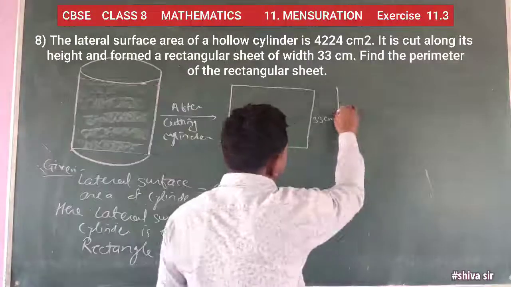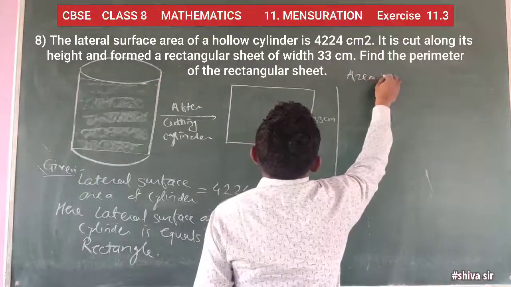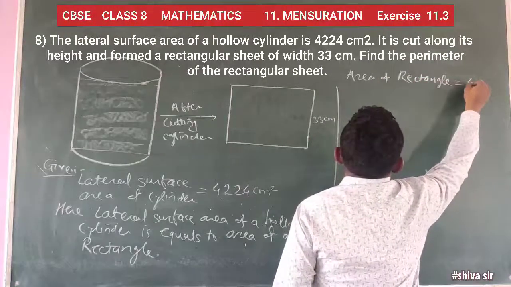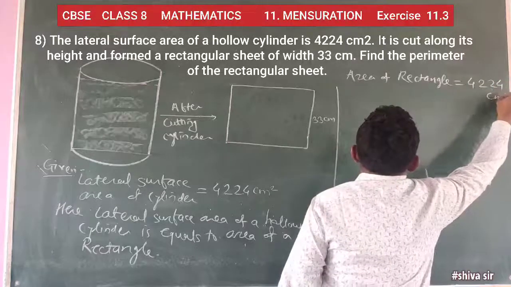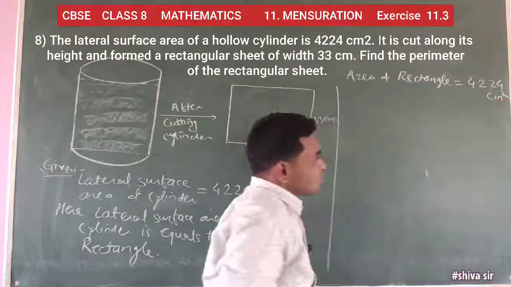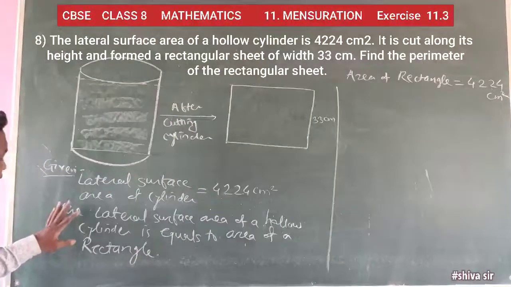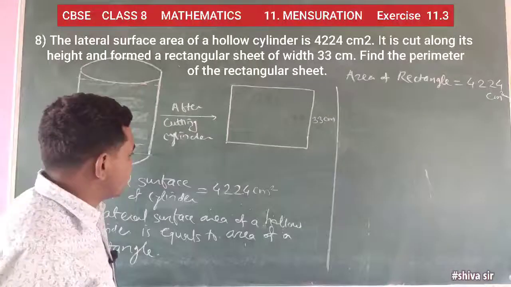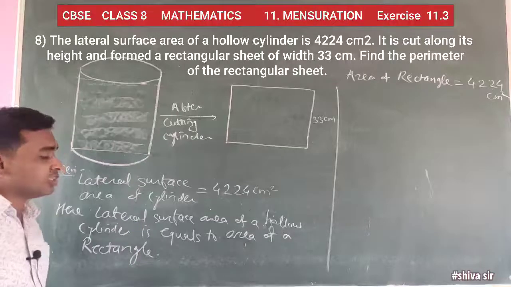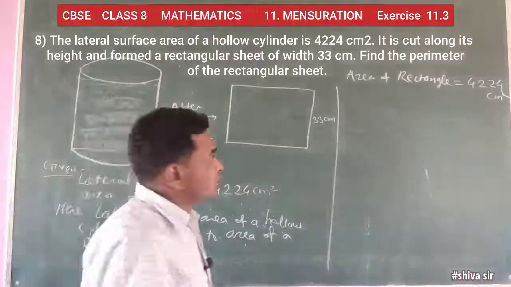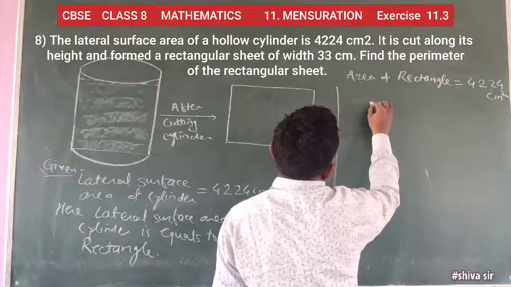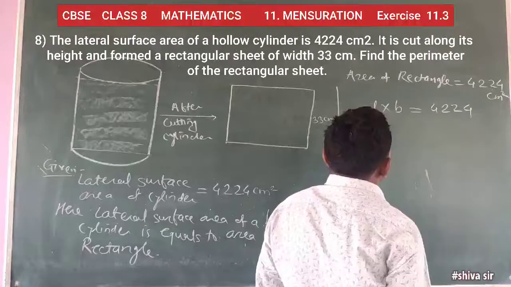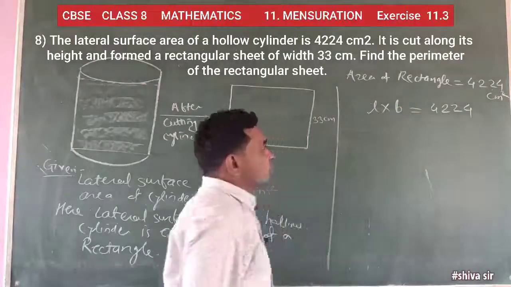So we just write down here: area of rectangle is equal to 4224 centimeter square, because the lateral surface area of the cylinder is the given value 4224 centimeter square, and this is equal to the area of a rectangle. So here the formula for the area of a rectangle is L into B, equal to 4224, but B means the width of the rectangular sheet.